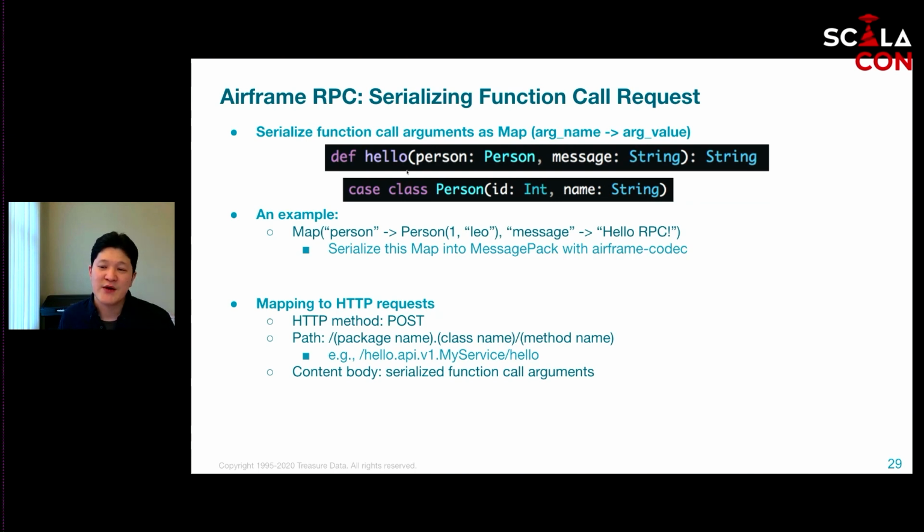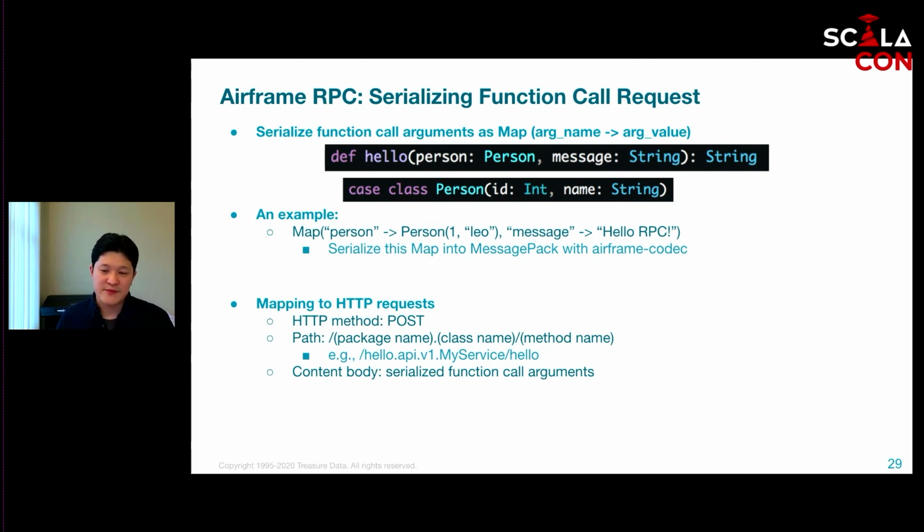If you have this hello method with person and message arguments, and person is a case class like this, then you need to create a map like this: person to the person object, message to some string. Then we are going to serialize this map object into MessagePack format by using airframe-codec.